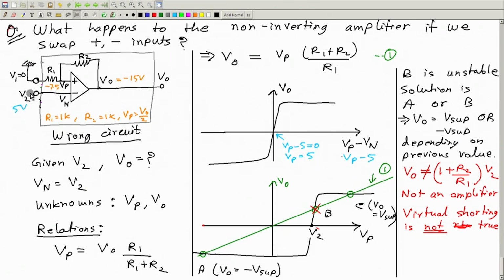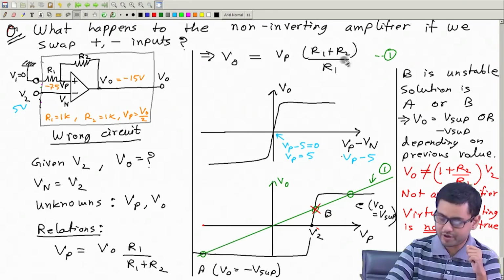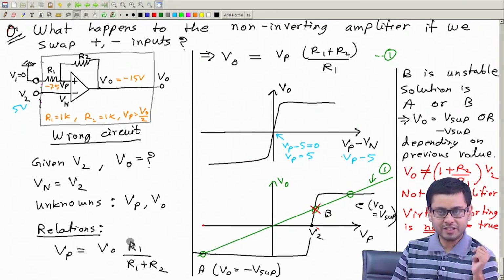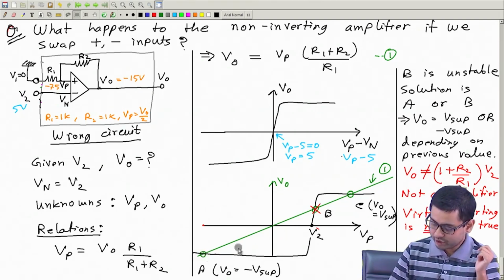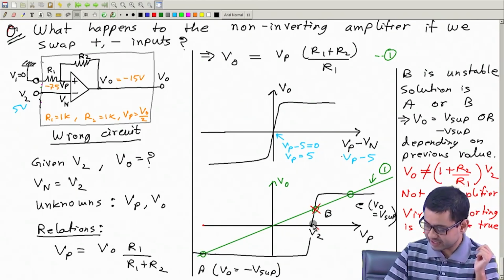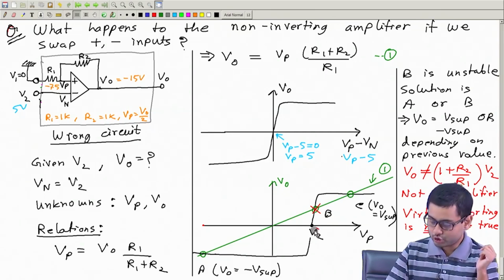Will this green line change? No, because this green line obeys this equation and doesn't depend on V2. What will change is the black line, because it is supposed to cross the x-axis at the point V2. So if I change V2, this black line will move to the left or right.